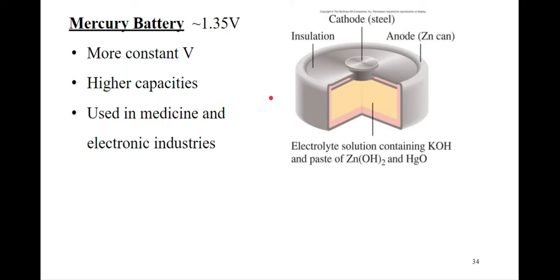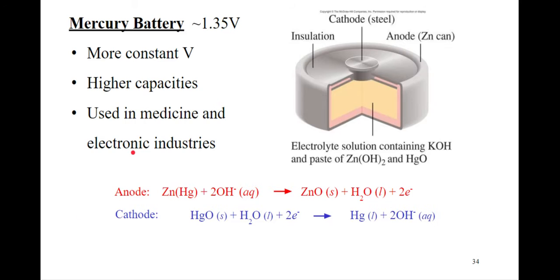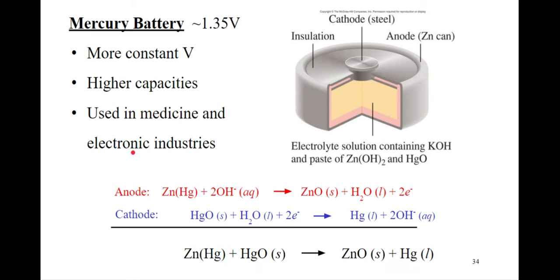Because of that, they're not as routinely used. But for medical equipment like pacemakers and hearing aids, and a lot of small electronics, you would find these mercury batteries. These are the button-looking batteries. And here are some half reactions. You don't actually have to know the half reactions, but they look nice.